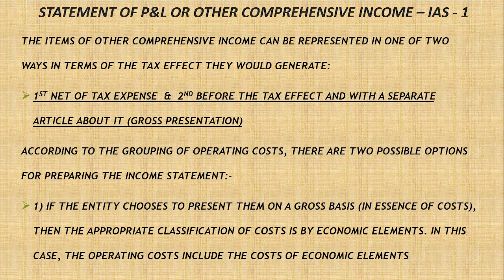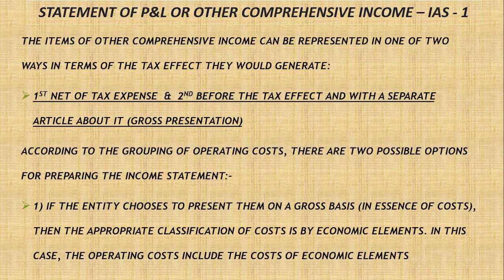According to the grouping of operating costs, there are two possible options for preparing the income statement. Number one, if the entity chooses to present them on a gross basis, that is, in the sense of cost, then the appropriate classification of cost is by economic elements.